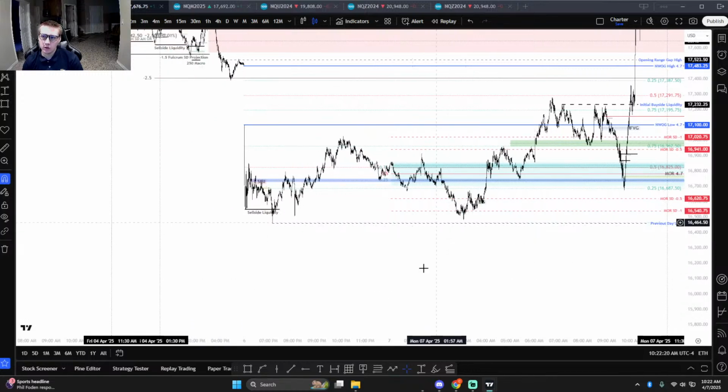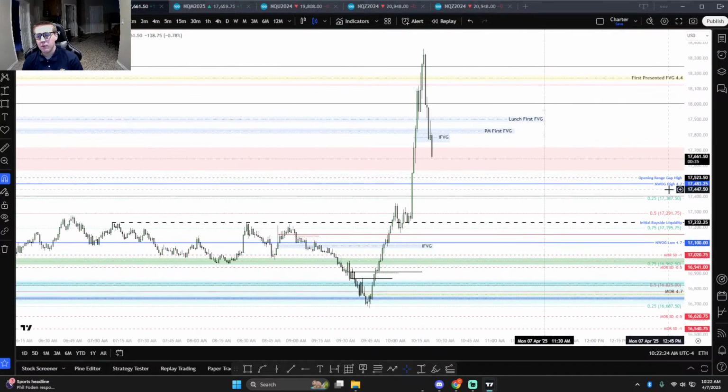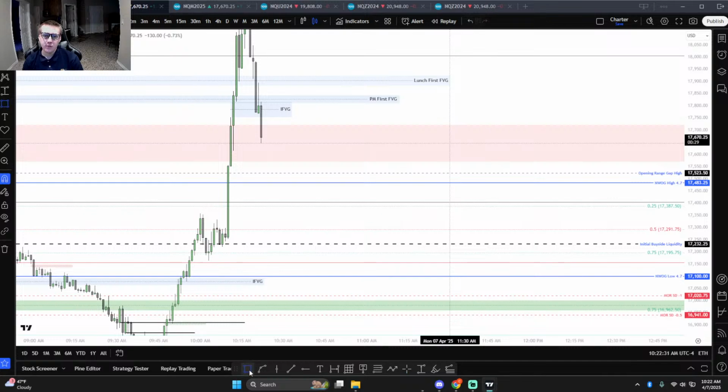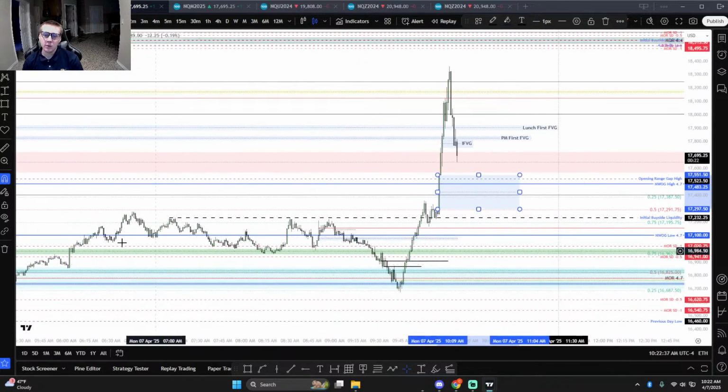We still have equal lows here. This still is on the table. Nothing to trade though. This is absolutely not what you want to trade. Because if we get through this fair value gap with speed, we definitely could be hitting those equal lows.